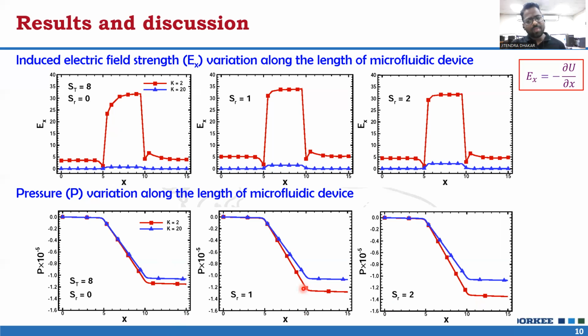So the absolute value of the P increases with increasing surface charge ratio from 0 to 2. Why? Because increasing in the SR enhances the electrostatic force near the wall that increases the wall stress and resists the flow. So the pressure drop increases with increasing SR.